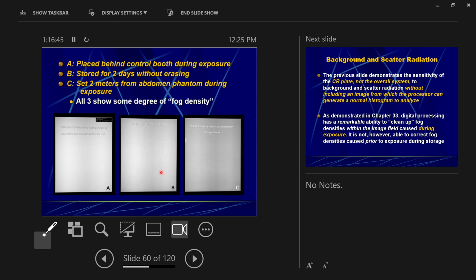There is an erase function on your processor that you do not have to process the plate to use. You stick the plate in, press erase, it draws the plate in, erases it, and sticks it back without trying to process an image. If it's been left over the weekend, erase it. If it accidentally got left in the room, also erase it. If you're ever unsure if a plate is ready to use, erase it. It's really easy to do.